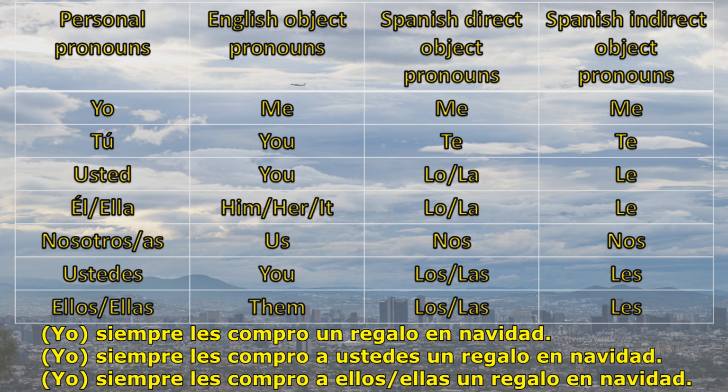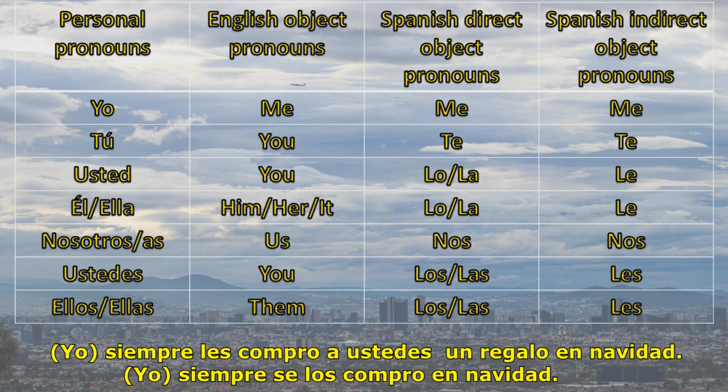In this case, it's similar to usted, él, and ella. Ustedes, ellos, and ellas, these personal pronouns share the same direct object pronouns and the same indirect object pronouns. So I say, yo siempre les compro a ustedes un regalo en Navidad, or yo siempre se los compro.